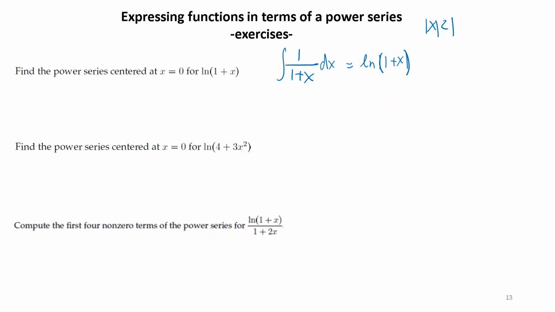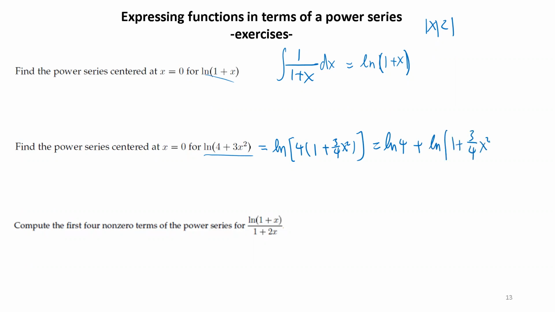So what about the other one? This one is slightly different, but if I put 4 as the common factor, I have log of 4 plus log of 1 plus 3 divided by 4 x squared. The first part is just a number, and the second is again log of 1 plus something.